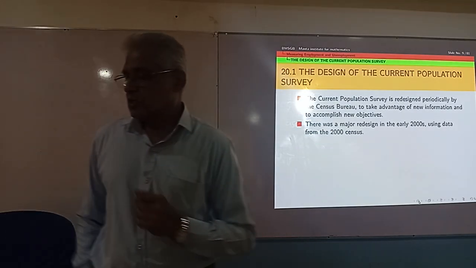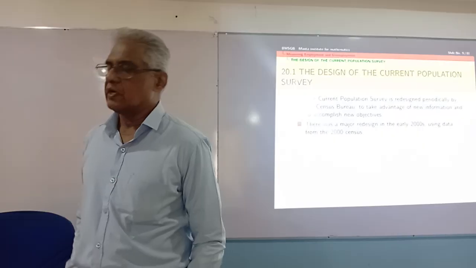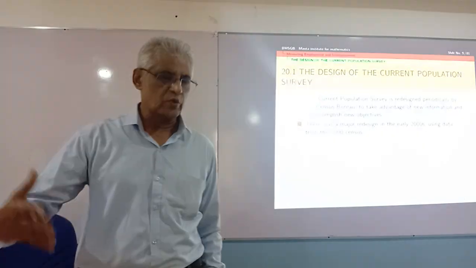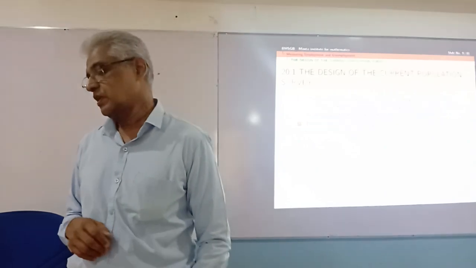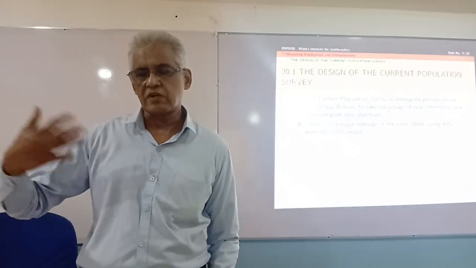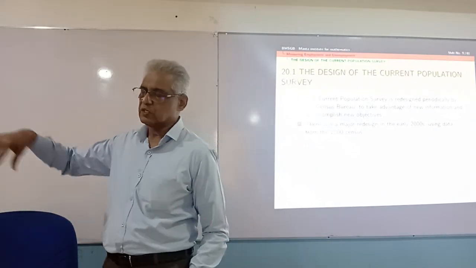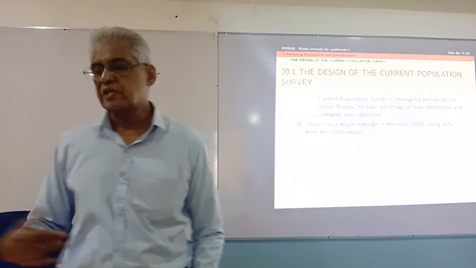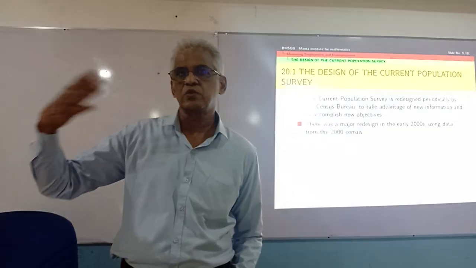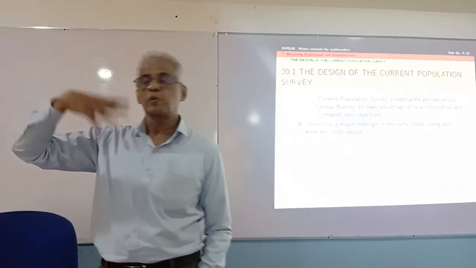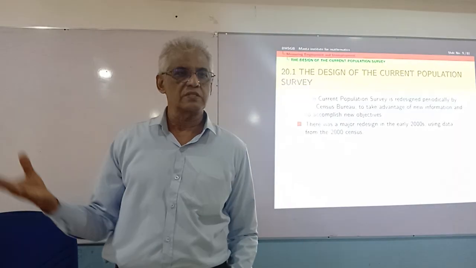Right. So the Current Population Survey needs a design. It's a very large scale survey. Design means how it is carried out from the beginning to the end. This design has to be updated from time to time, because it is usually based on the current population and several other features of the population.